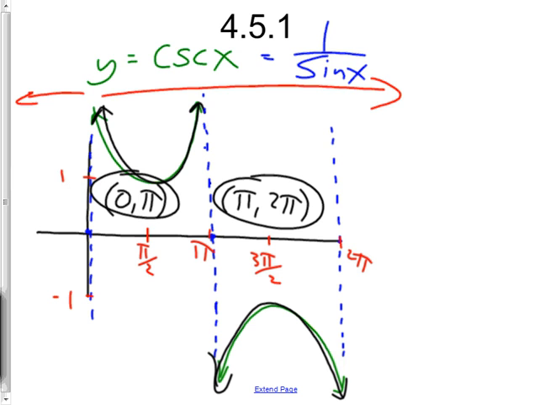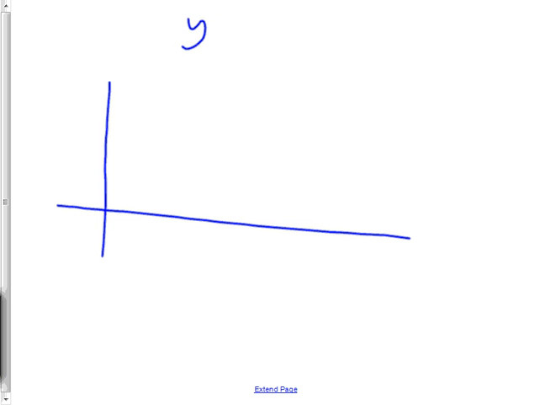Okay. So, take a wild guess how you make secant. By first making what? Cosine. Everybody make me a nice cosine graph so that we can eventually make secant.